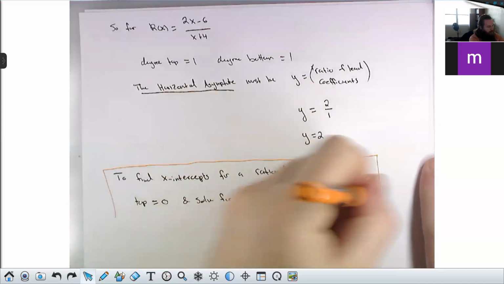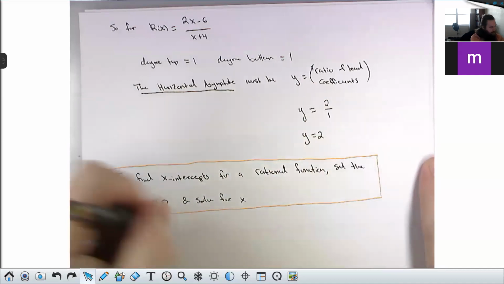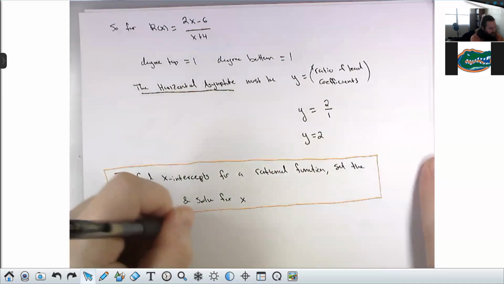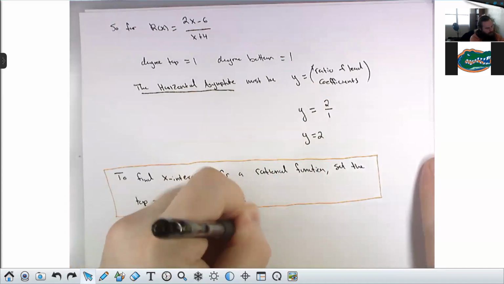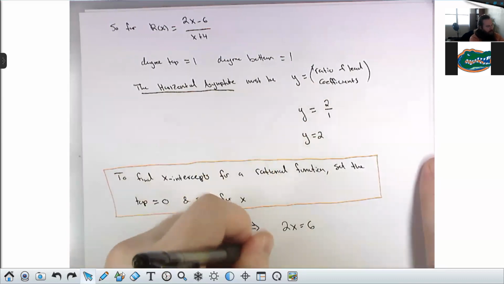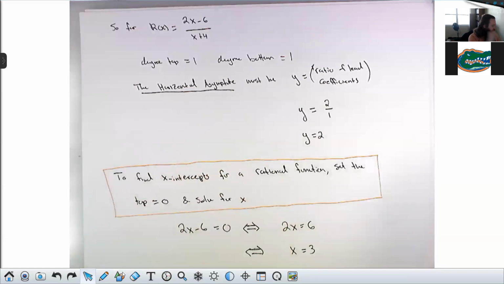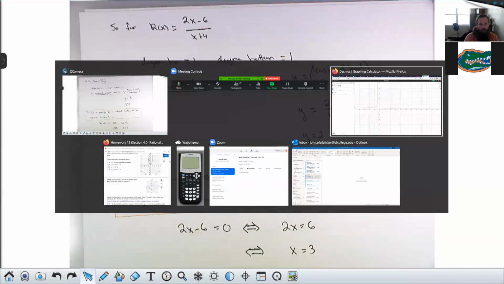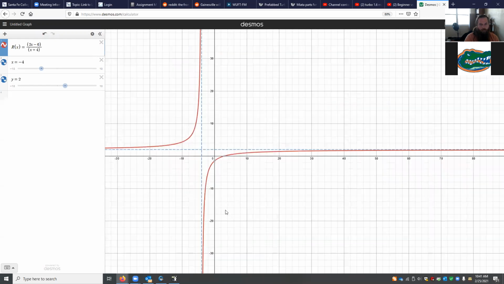So for the rational function we were playing with here, our numerator was 2x minus 6. So if we set 2x minus 6 equal to 0, we can add the 6 to both sides and get 2x equals 6. And then we can divide both sides by 2 and we get x equals 3. So there's only one x-intercept for this guy, and it's x equals 3. And if you look at the graph right here, that's your x-intercept, right?